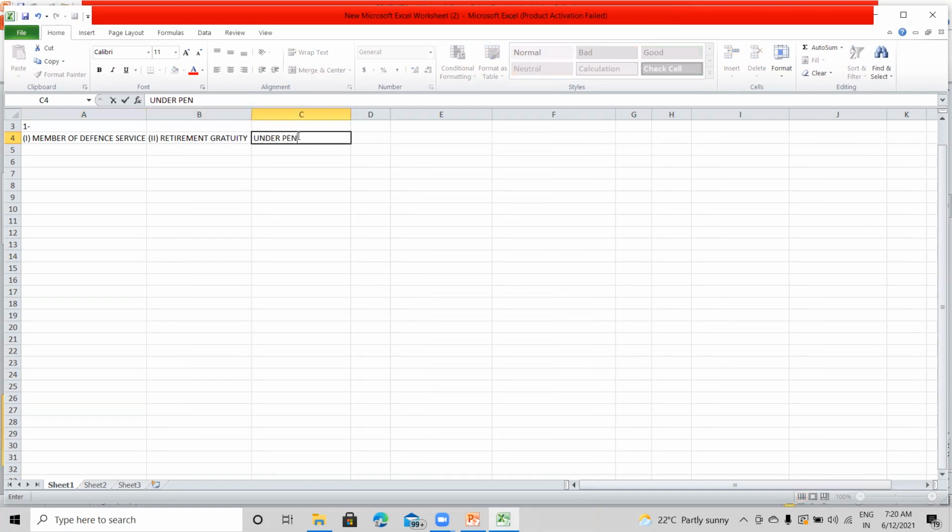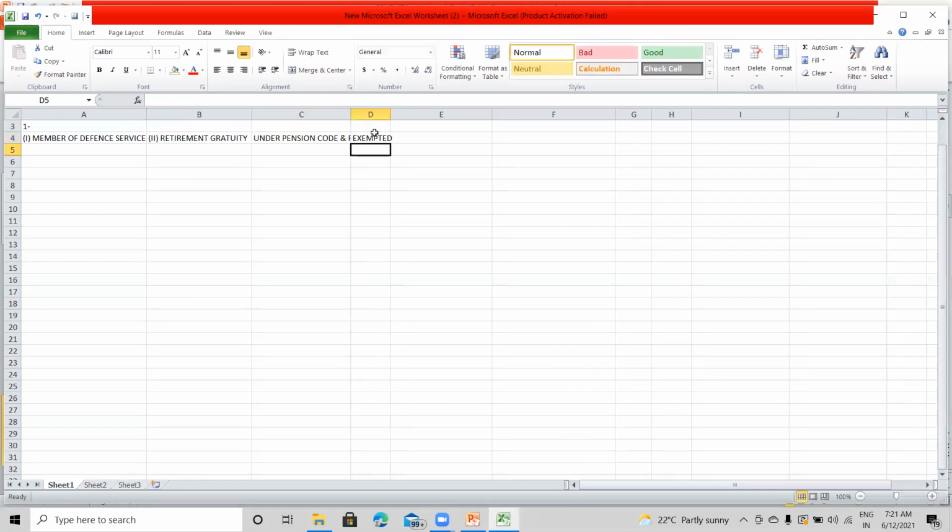If he receives retirement gratuity under the pension code or regulation, if there is a member of defense service who receives any retirement gratuity under the pension code or regulation, then such amount will be exempted.